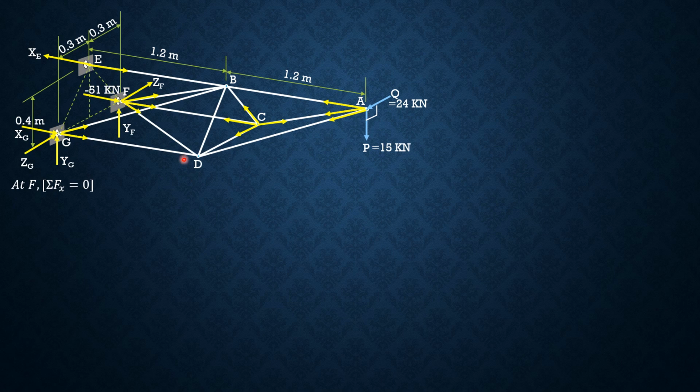So SDF times 1.2 divided by square root of 1.2 squared plus 0 squared plus 0.6 squared. So it is 1.2 right, then 0.6 forward. By the way, negative 51 plus SDF times 1.2 over square root of 1.2 squared plus 0 along Y, then plus 0.6 along Z, so 0.6 squared.